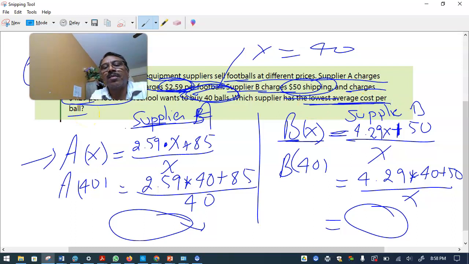That means every single ball, which one will be the lowest. I will put a ratio here like per ball, like the one football. For one ball, how many dollars? That's all I'm trying to say.